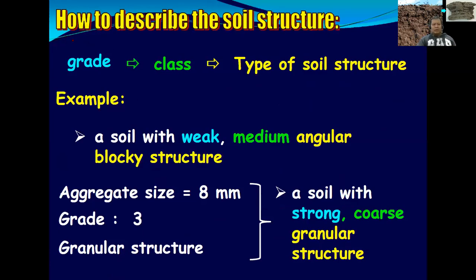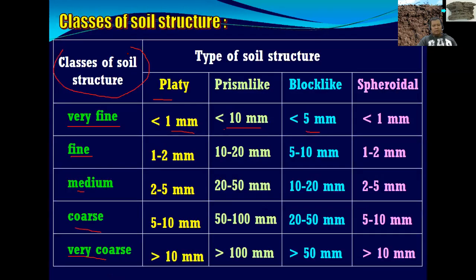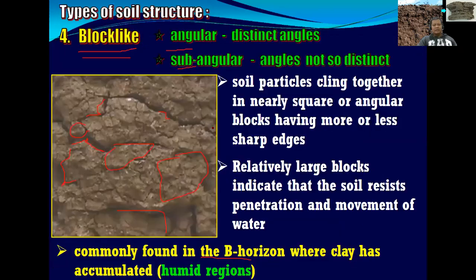How will you describe soil structure now? So we have to describe soil structure first based on grade, class, and type. What is the grade? Let's go back. For grade, we have structureless, weak, moderate, and strong. Then in terms of classes, we have fine, very fine. In terms of type, we have the blocky, columnar, prismatic, and the platy.